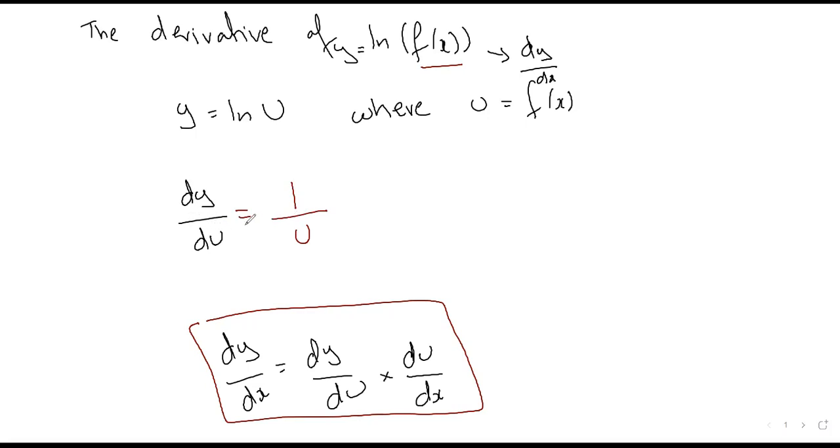The derivative of ln u is 1 by u. Why? This function would come in the denominator as it is, and the derivative of this denominator would come in the numerator. So the derivative of u is 1, right? The derivative of x is 1, right? So the derivative of u is 1.